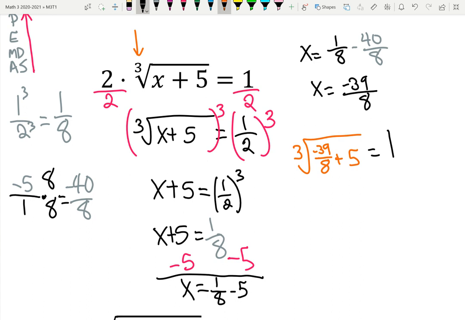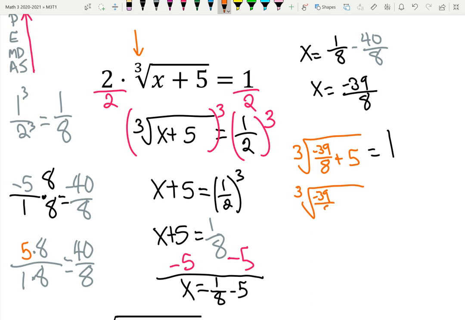Okay, in order to do this, I'm going to use a similar strategy. I need to turn 5 into an 8th, so I'm going to multiply the numerator and the denominator by 8. This is going to be the cube root of negative 39/8 plus 40/8, which is going to equal the cube root of 1/8.